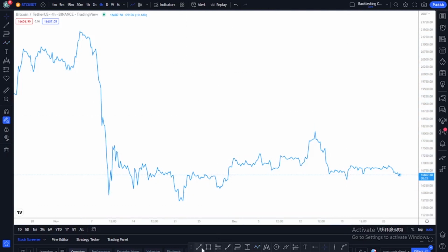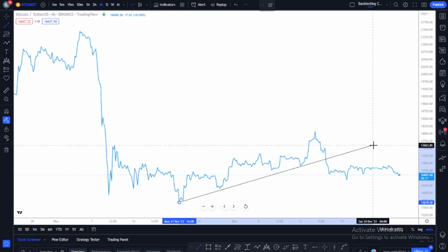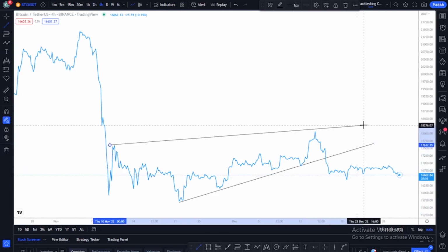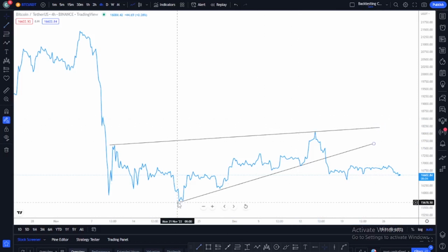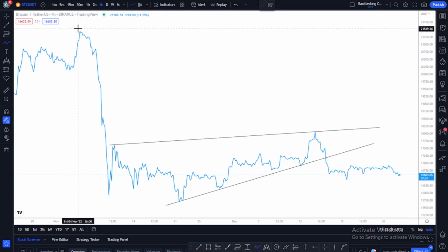Now all we need to do is connect our trend lines with the structures the market made. We have our first trend line right here, and our second trend line right here. So basically there's a pattern in form.